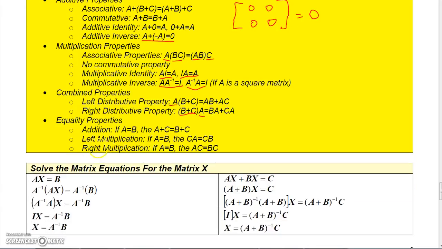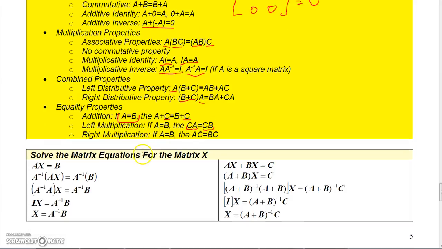Now for matrix equations, if two matrices are equal, if A equals B, then you can add the same matrix to both sides and you still have an equation. Also if A equals B, you can multiply on the left by the matrix C on both sides and you still have an equation.